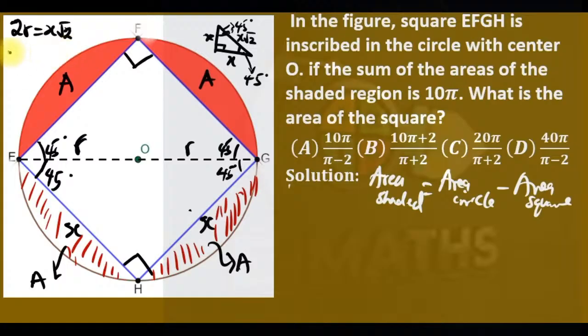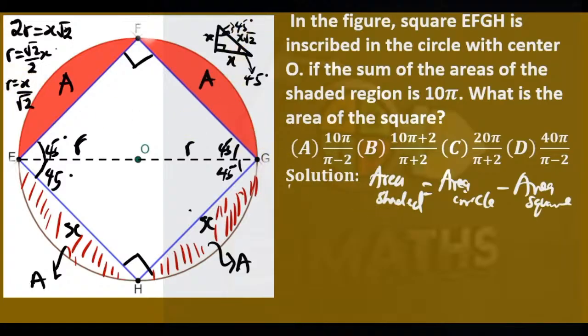Making r the subject of the formula, we have root 2 over 2 x, which is the same thing as x over root 2. I would prefer using this x over root 2.